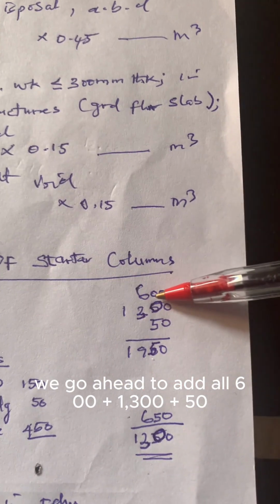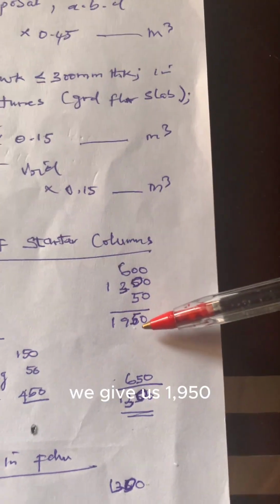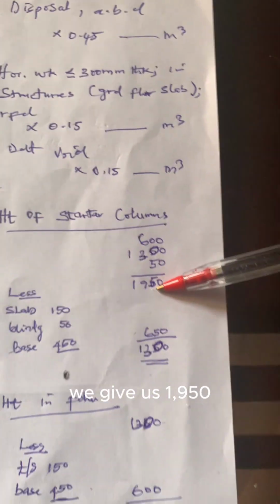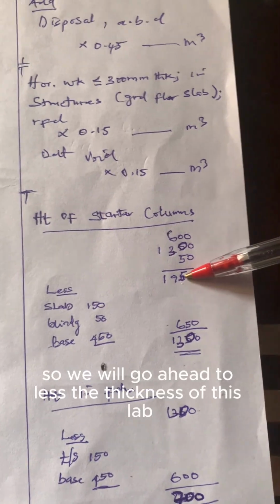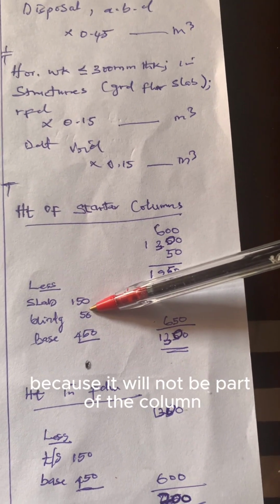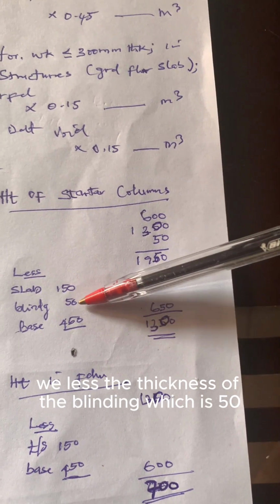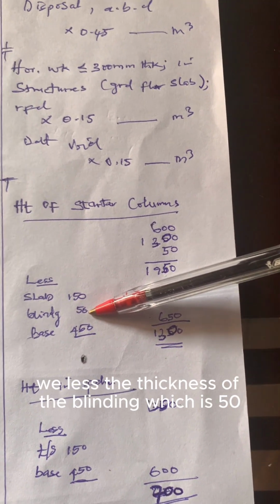So we add 600 plus 1300 plus 50, which gives us 1950. Then we deduct the thickness of the slab, because it will not be part of the column.